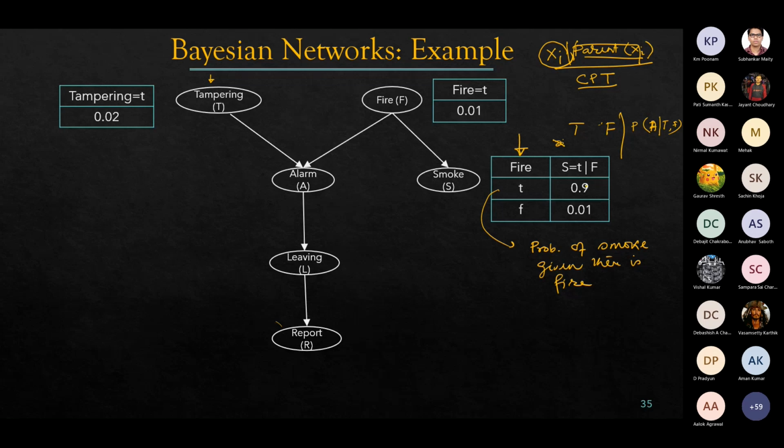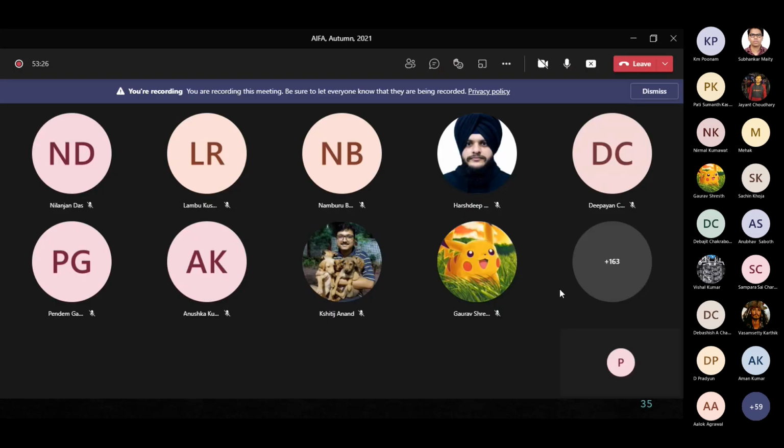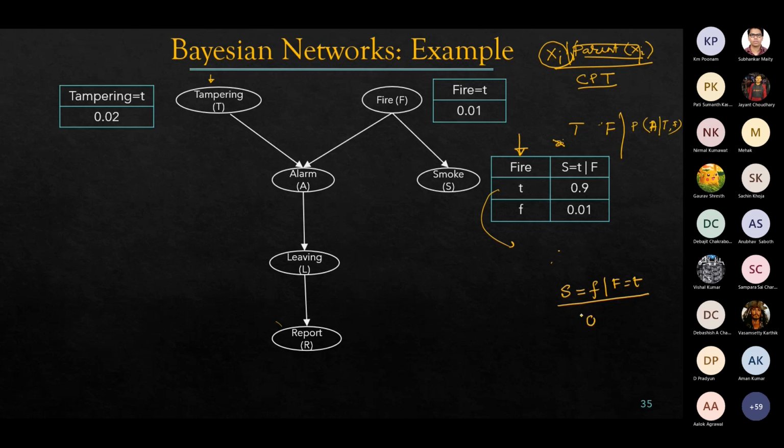Now you may ask, what happens to the other probability? The other probability is there is no smoke given fire is true. Can anybody tell what would be the value for this? There is no smoke even though there is fire. What would be the probability value? Someone is saying 0.